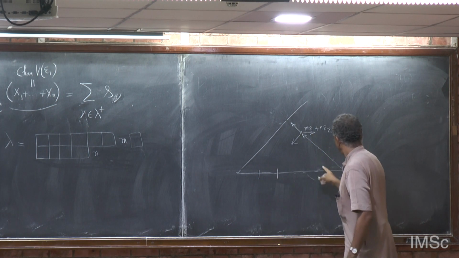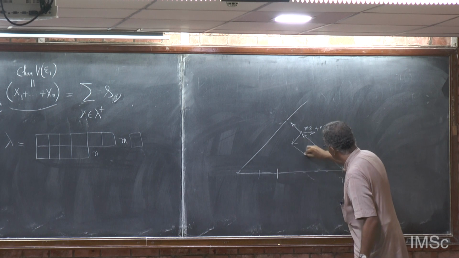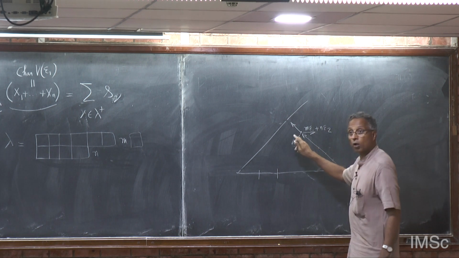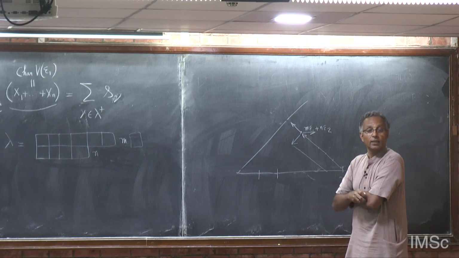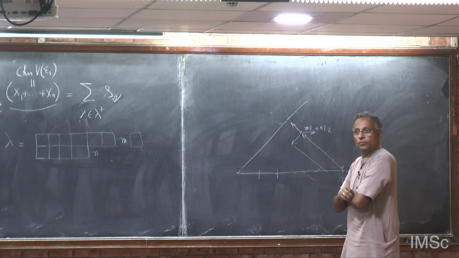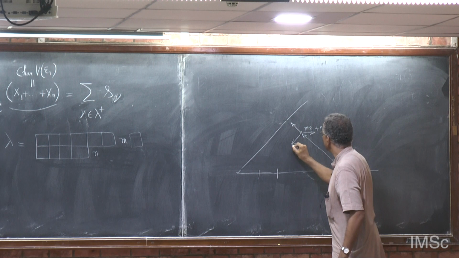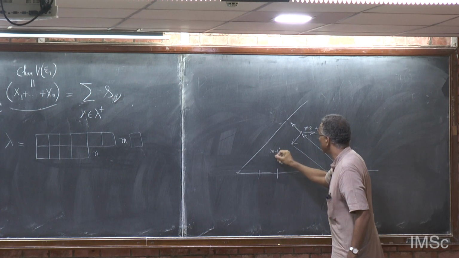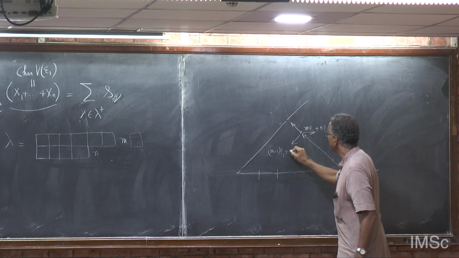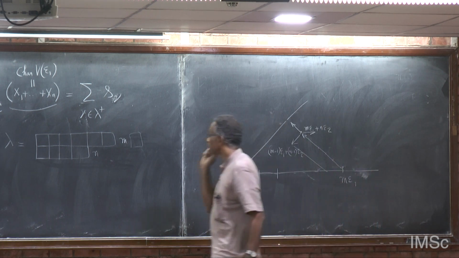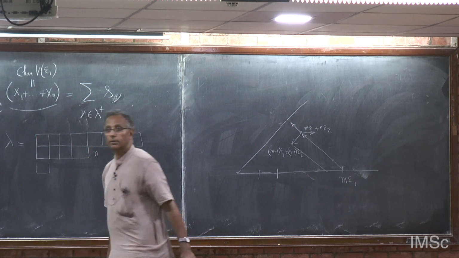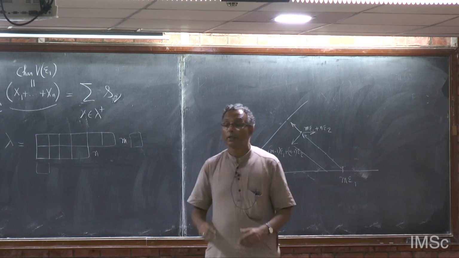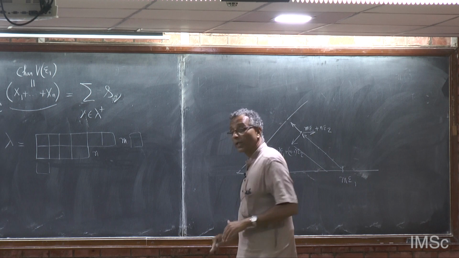So actually, what is this? Since epsilon 1 plus epsilon 2 plus epsilon 3 is 0, this actually becomes m minus 1 epsilon 1 plus n minus 1 epsilon 2. The way to interpret this is the following. Remember this picture is for SL3.